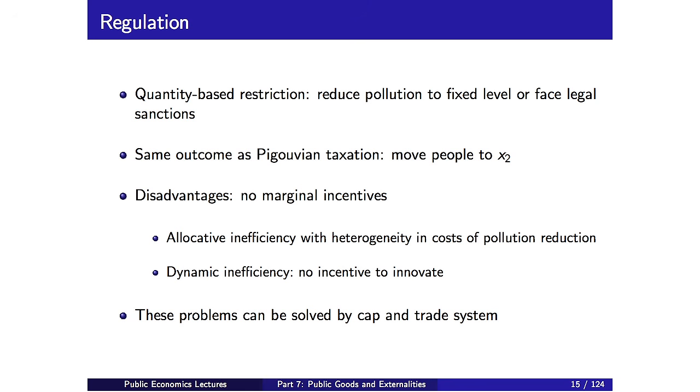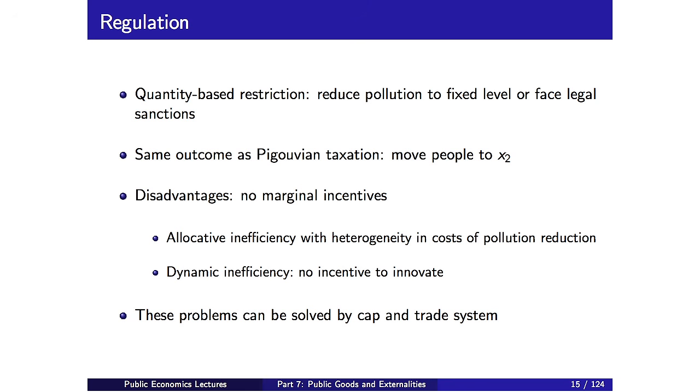Whereas when you just set a cap, there are no marginal incentives for the firm. So let's take a couple of concrete examples of what that does. So first, suppose you have heterogeneity in costs of pollution reduction across firms. So for some firms that are, let's say, making cars, it's maybe very complicated to find a different technology to reduce pollution. But maybe, in a different industry like hotels or something, they can get people to use fewer towels, and it's much cheaper for them to reduce pollution.